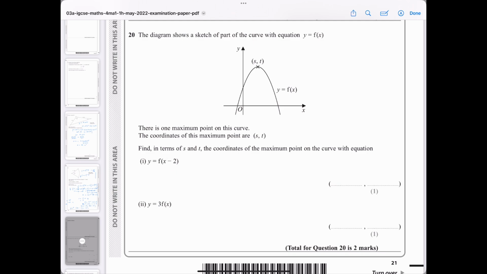So if x is x minus 2, it's going that way 2, so s becomes s plus 2 and t remains t. Then y equals 3f of x means it has to go up, so we times the y by 3, so it's s, 3t.